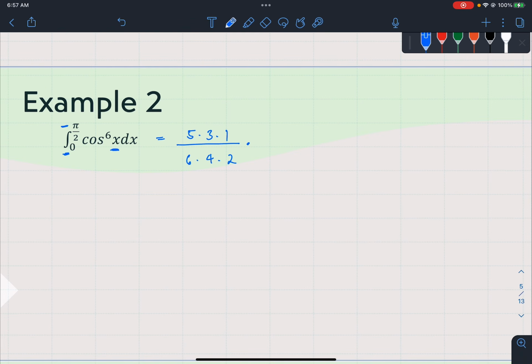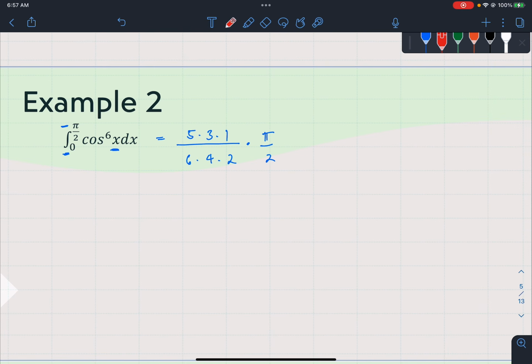But then, we check whether our exponent is odd or even. If it is even, both should be even, so we don't have a sine. We consider 0 to be even. So therefore, with 6, we multiply it by pi all over 2.